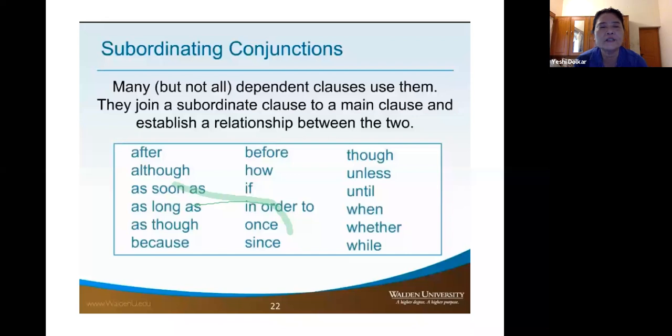They join a subordinate clause to a main clause and establish a relationship between the two. So there is an independent clause and there is a dependent clause. This is the word that makes it dependent, and when you put this, it joins this with the main clause. In other words, with the independent clause. All right. So, yes. So some useful words or conjunctions or subordinating conjunctions that you can use to join sentences.